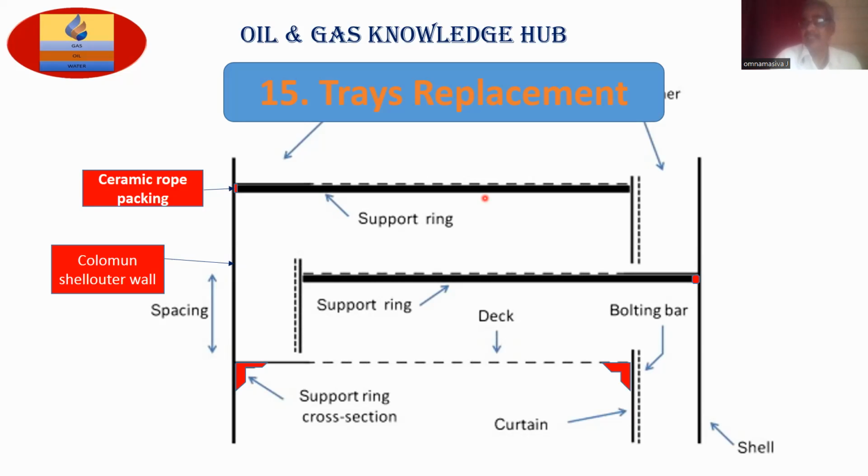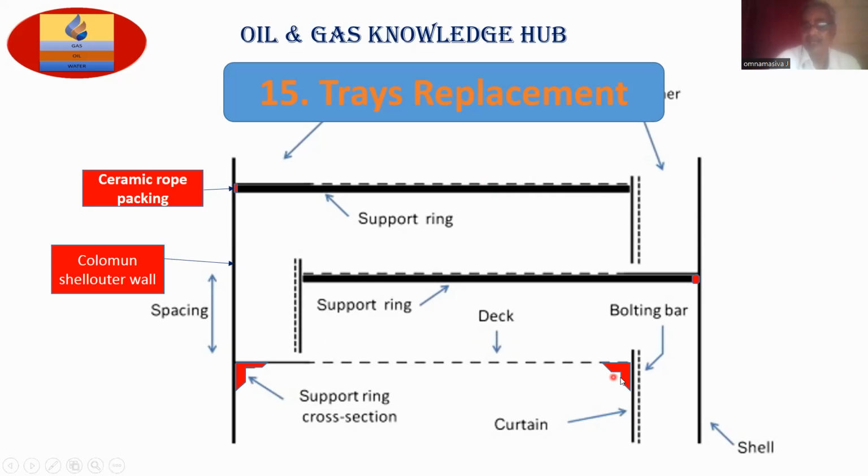And a watchman is posted near every manhole, every stage. Once you enter inside, you will find trays like this, and a downcomer will be there.